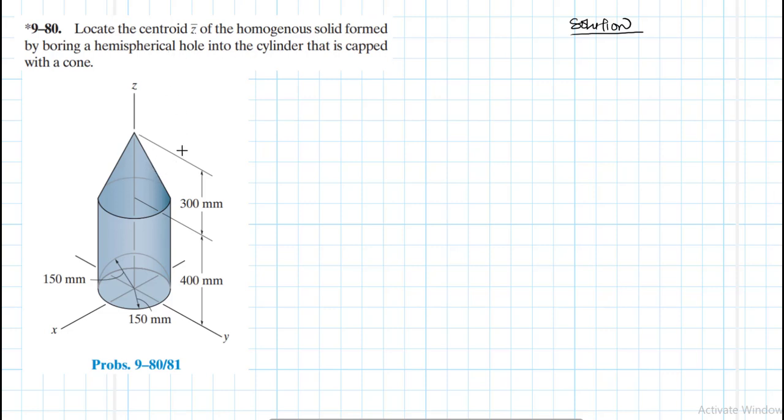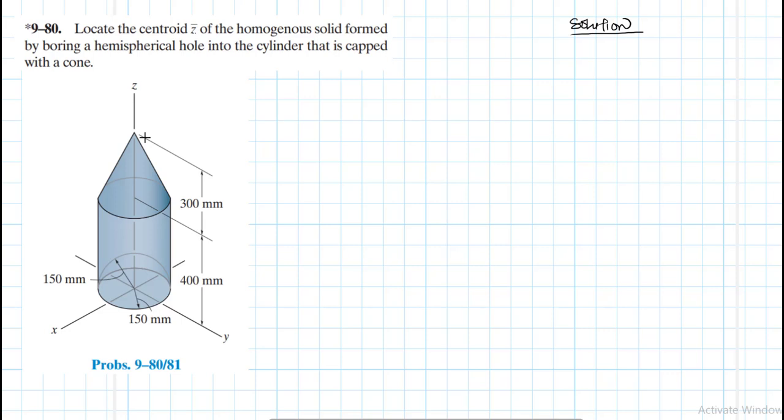So we have a homogeneous solid formed by creating a hemispherical hole at the bottom, in the cylinder, and on top it is capped with a cone. So I've been asked to find the centroid, which is the geometric center of this volume.